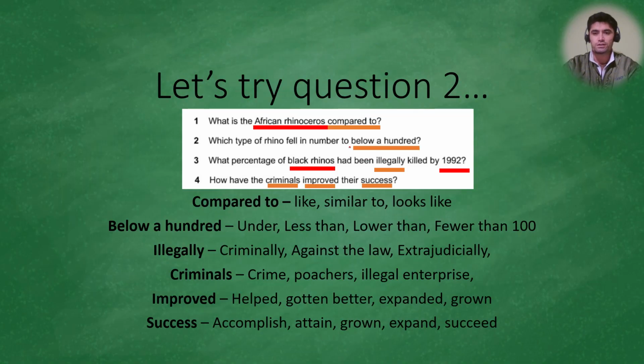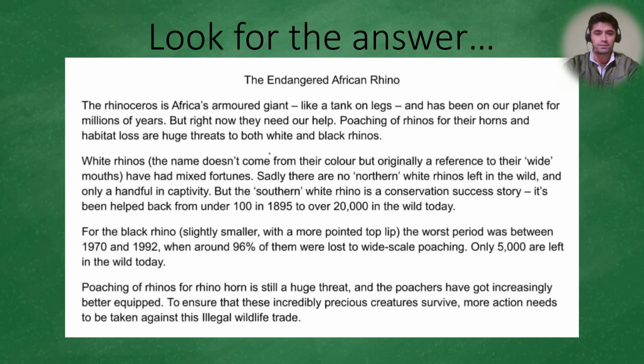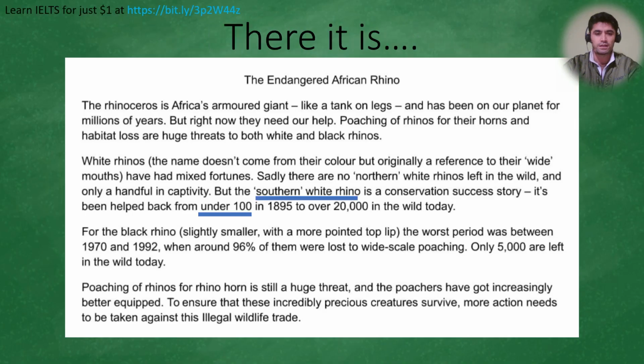Let's try question 2. Which type of rhino fell in number to below 100? The answer is in paragraph 2. It says, but the southern white rhino is a conservation success story. It's been helped back from under 100 in 1895 to over 20,000 in the wild today.